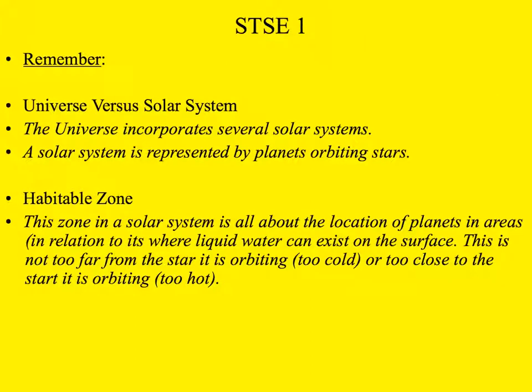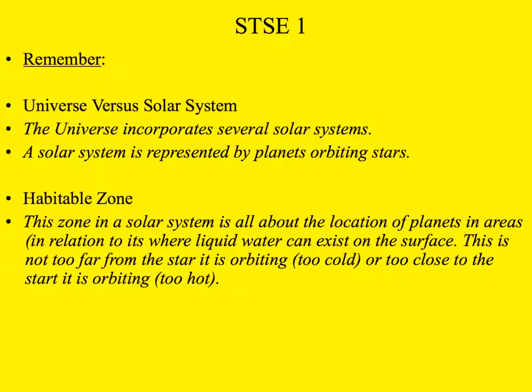First things that you need to know about this STSE is that we're talking about the universe versus a solar system. So you have to remember that a universe is very big and it incorporates several different solar systems. You also need to know how to define a solar system.